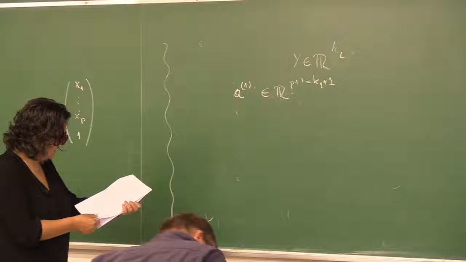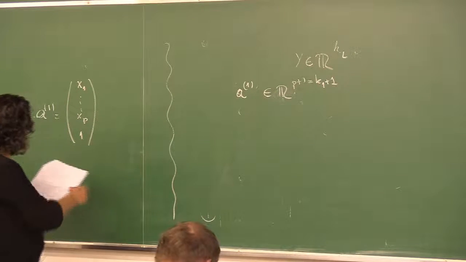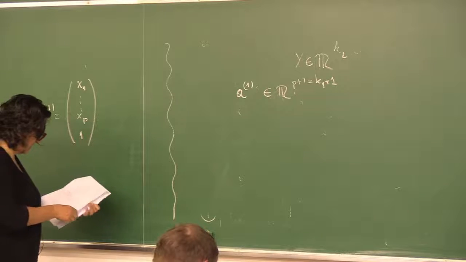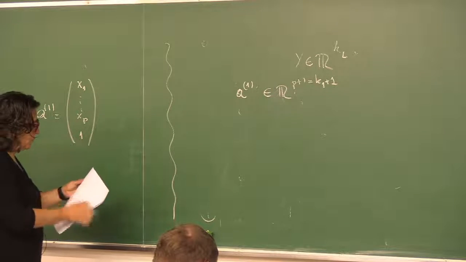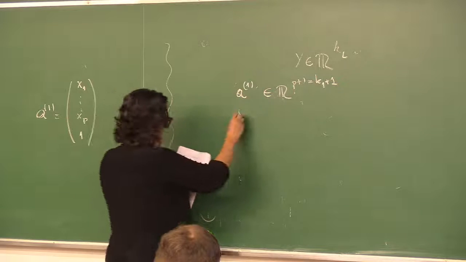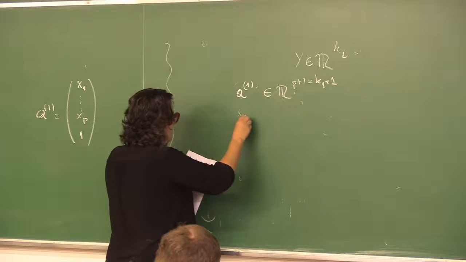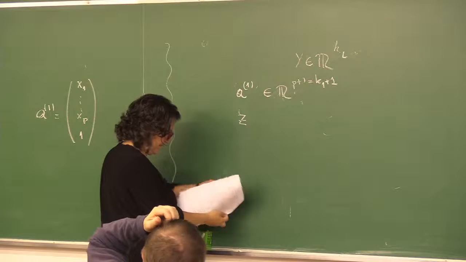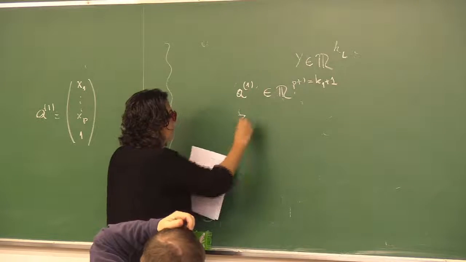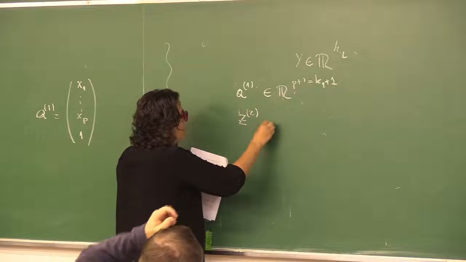A1 is X, the vector with 1, is the notation. Then what do I do? I compute, I will call this one C, and let me, C2, I will call the following.